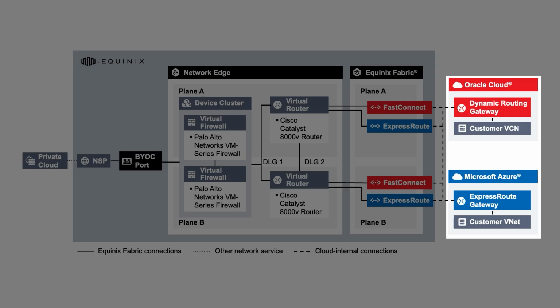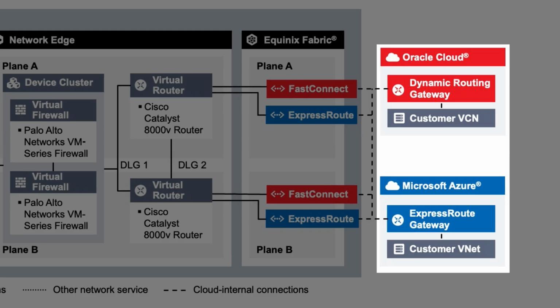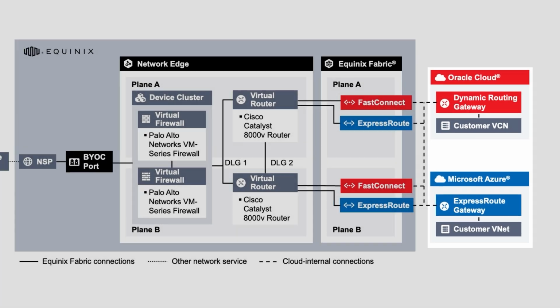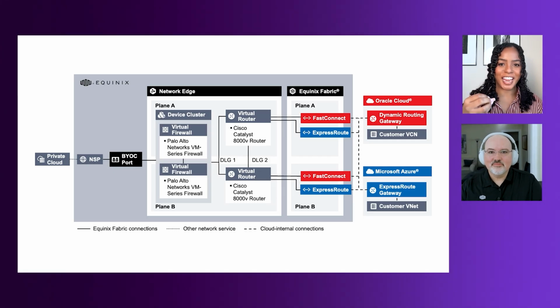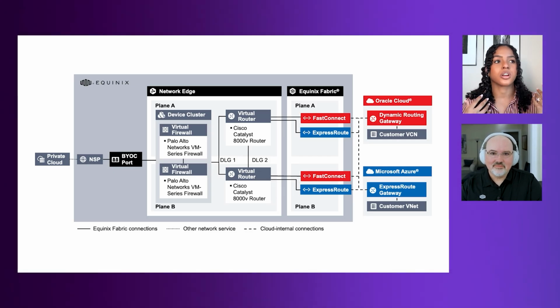So these could be services like the Azure ExpressRoute Gateway or Oracle Cloud Dynamic Routing Gateway. These are responsible for exchanging routes and routing traffic flows between your Equinix environment and the cloud resources. So you're no longer in the public internet. You may need to adjust how your cloud is configured to handle these private paths and segmented traffic.